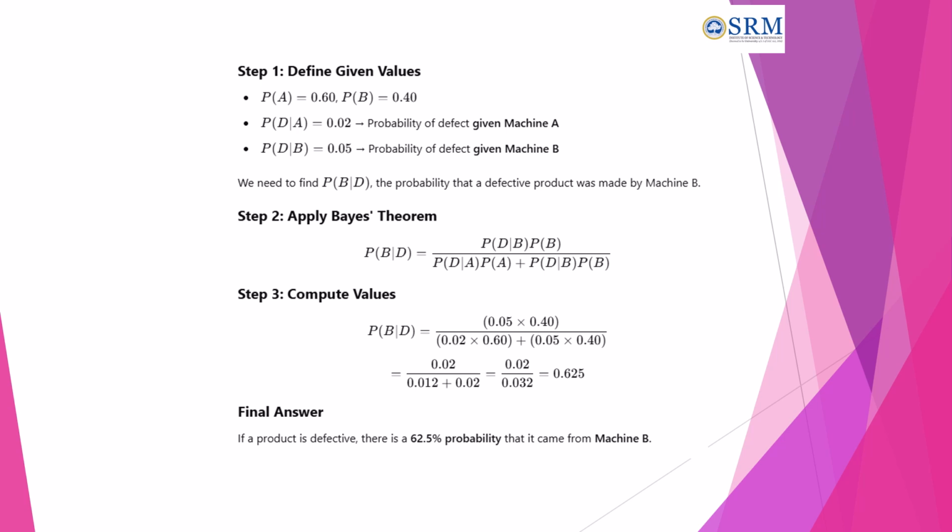We multiply the defect rates by their production percentages and then use those numbers to find the probability for machine B. After calculating, we find that if a product is defective, there is 62.5% chance it came from machine B. This tells us that machine B's products are more likely to be defective even though it produces fewer products overall.